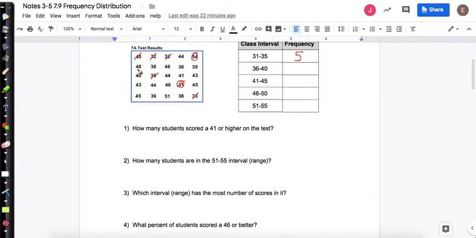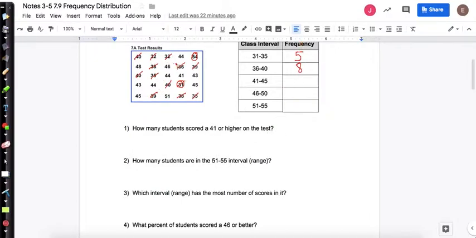So 1, 2, 3, 4, 5, 6, 7, 8. So the frequency is 8. That's just how often it's occurring.